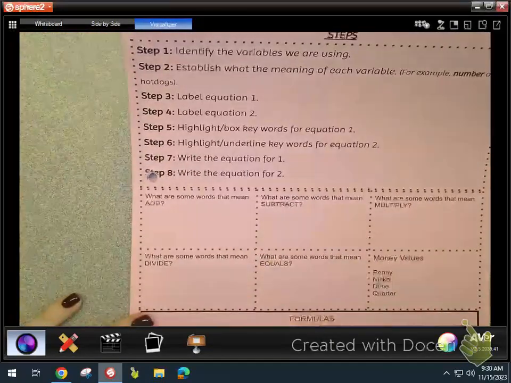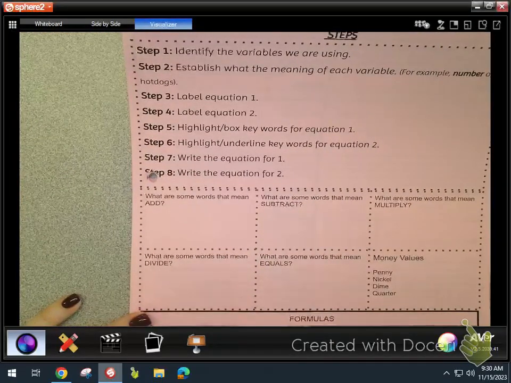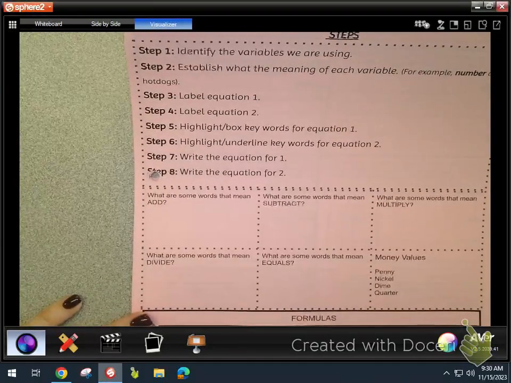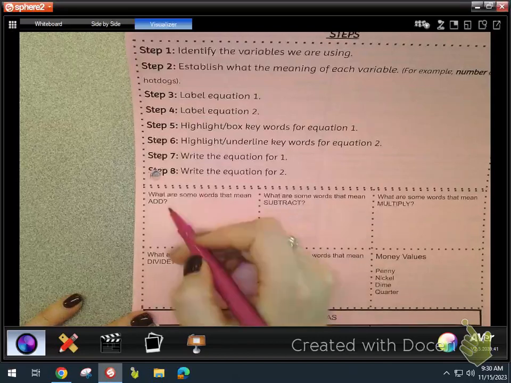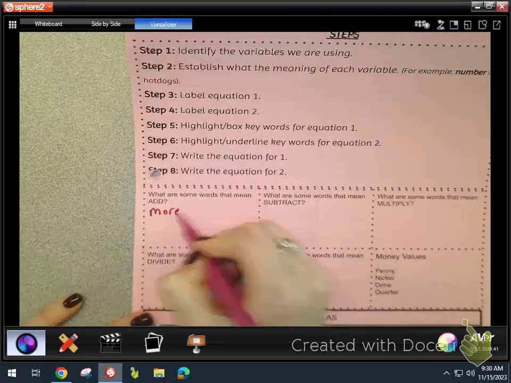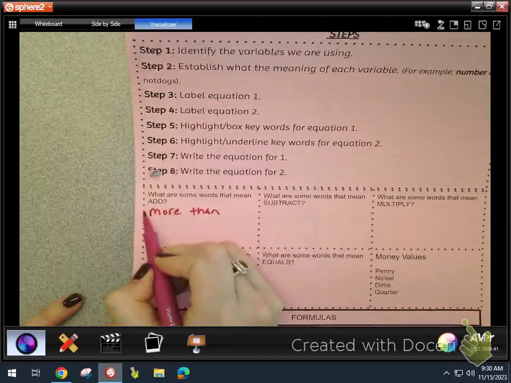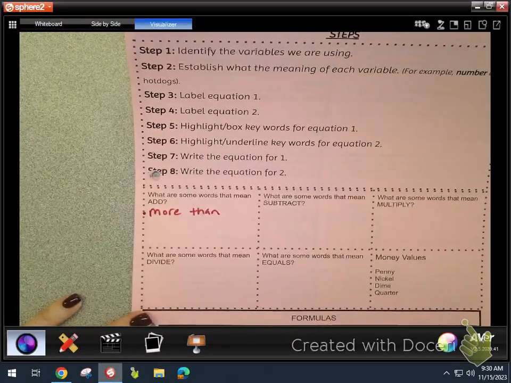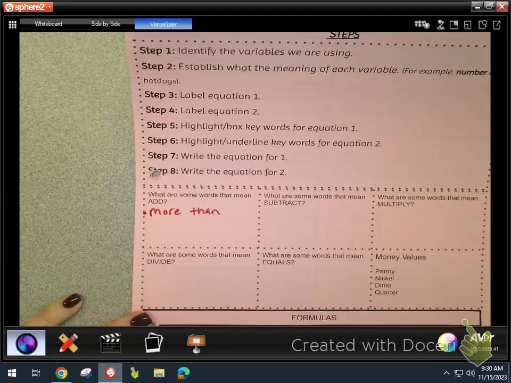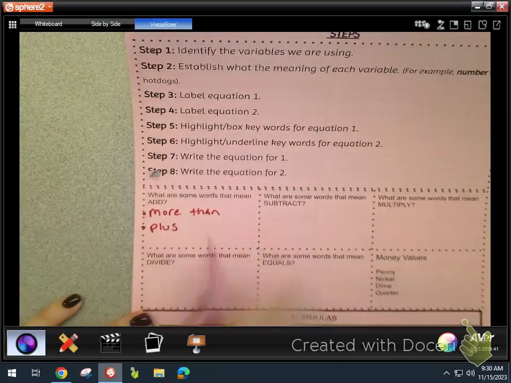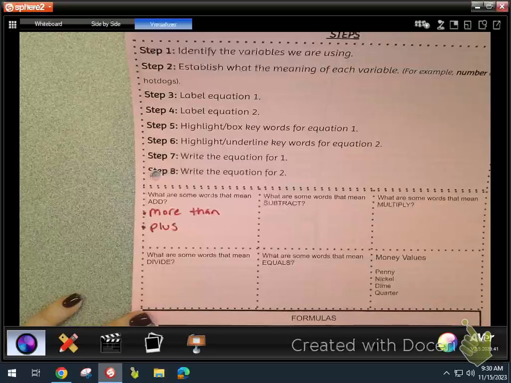So some words that could mean add. If you see them in a word problem, some words that mean you need to do an addition would be more than. Okay, that's a pretty big one. More than means that I'm going to be using an adding operation. They might actually write it out, plus.